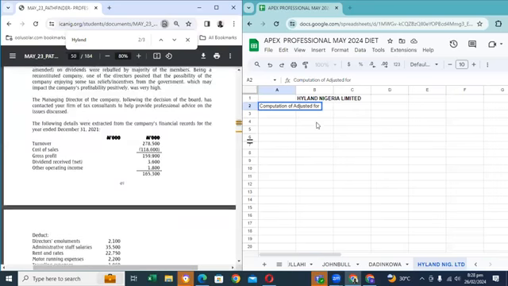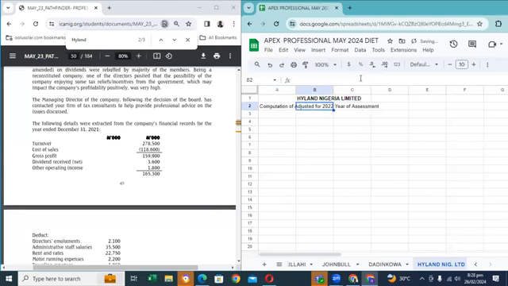Let's check, it is 2021, so that's 2022 year of assessment. So we have all figures in thousand.